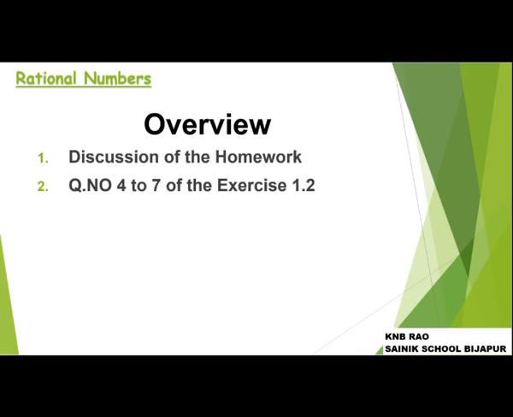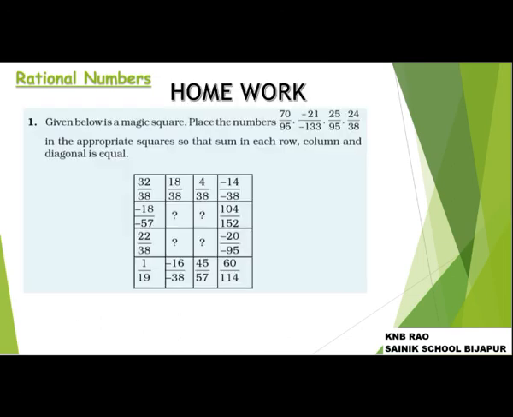So now the homework time. First one is a magic square, where you have to place the numbers 70 by 95, -21 by -133, 25 by 95, and 24 by 38 in these 4 boxes appropriately. Pause the screen and note down.